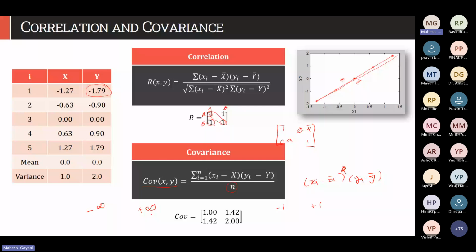Whereas correlation is normalizing the relation, and it will always be between -1 and 1. So it is easy to compare two data sets with different magnitudes. Consider age: age could be between 0 to 100, hardly a two-digit value. Weight can also be two digits, hardly going beyond 100.